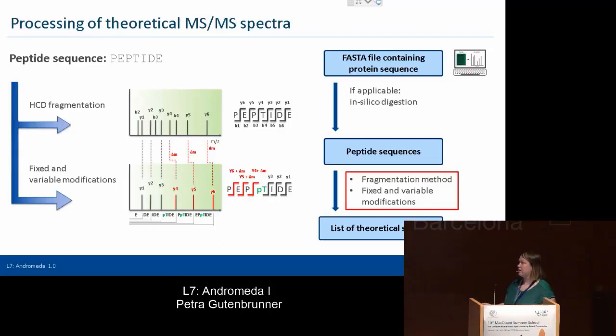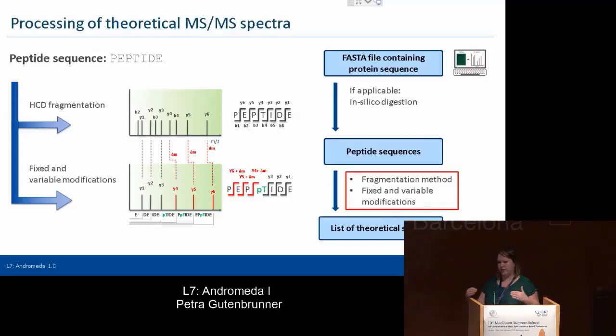Here is an example, HCD, you end up having the ion series b and y. Based on that, you need to calculate these masses for those ions. And in case you have modifications, like here, where this peptide is phosphorylated, you see the shift based on the mass of the modification.